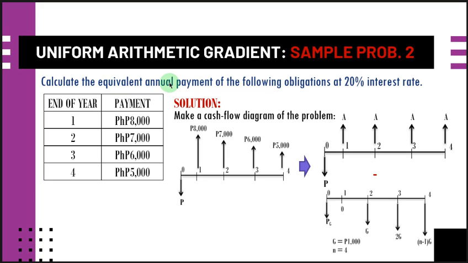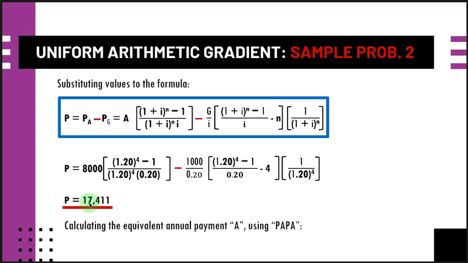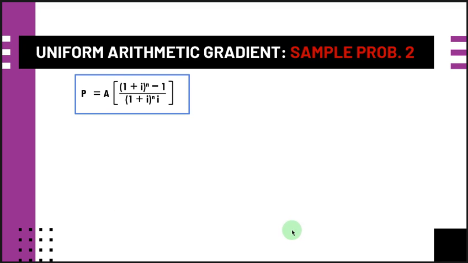So we are going to get the value of our A, which is equal all throughout from the very first year until the fourth year. Take note, the equivalent annual payment. So in this case, we will use the value of our P here to get the equivalent annual payment. We are going to use case number 1, which in our previous discussion we denoted as PA. Okay.